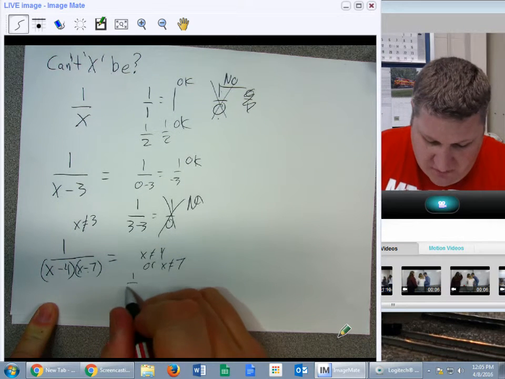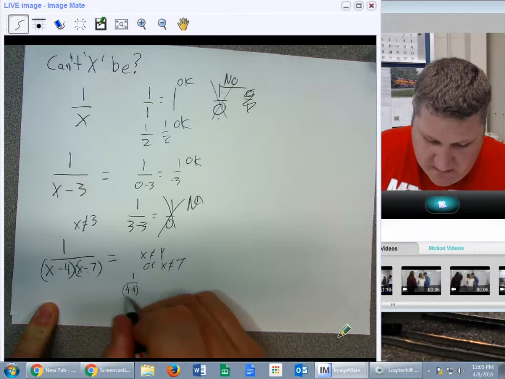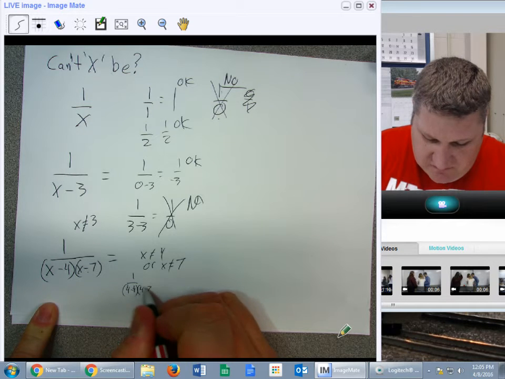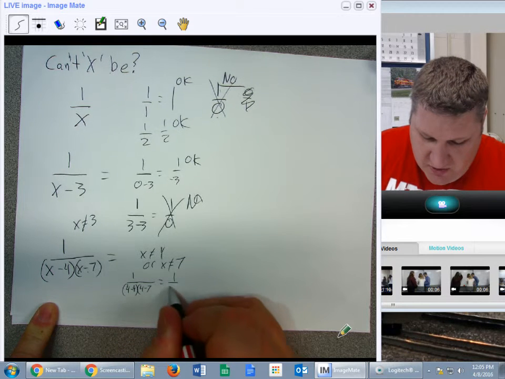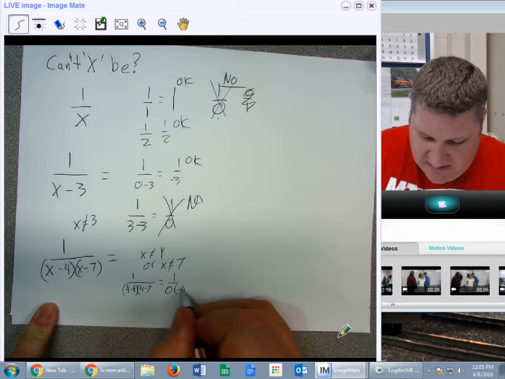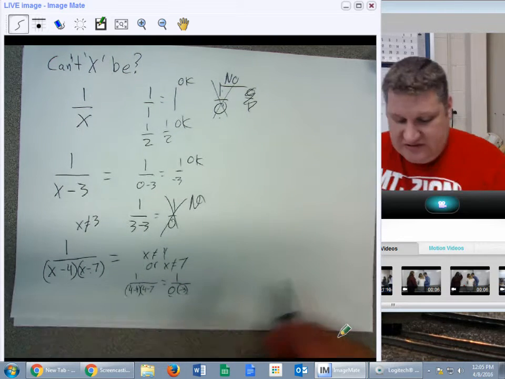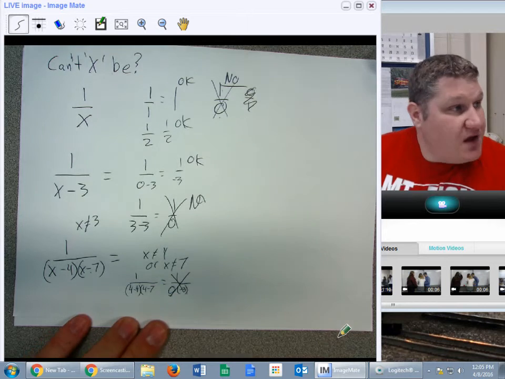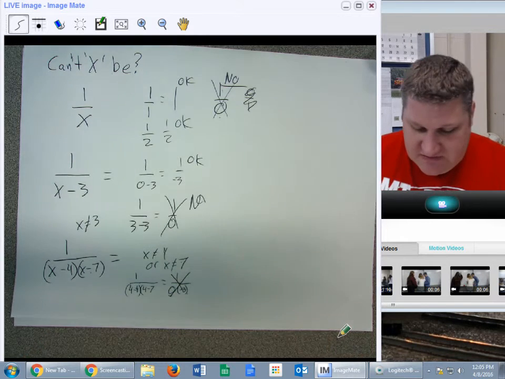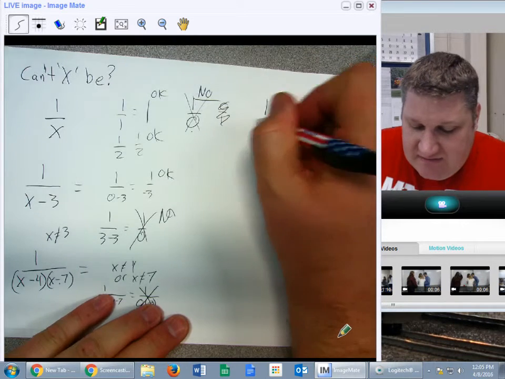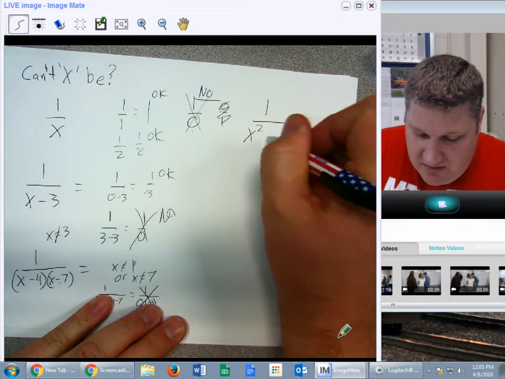I got 1 over 4 minus 4 times 4 minus 7. So even though I get 0 times -3, what's 0 times -3? Still 0, so it's still bad. It's no good. The same thing would happen for 7. So what can't X be?